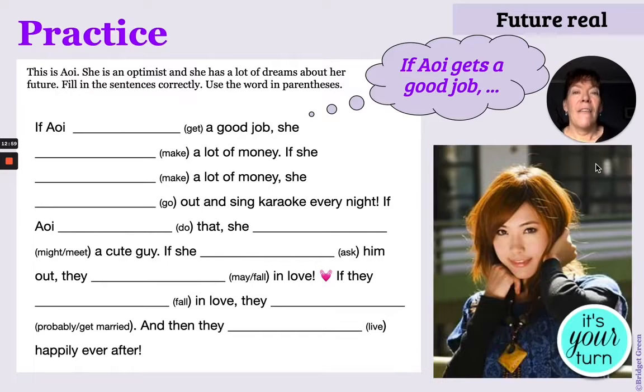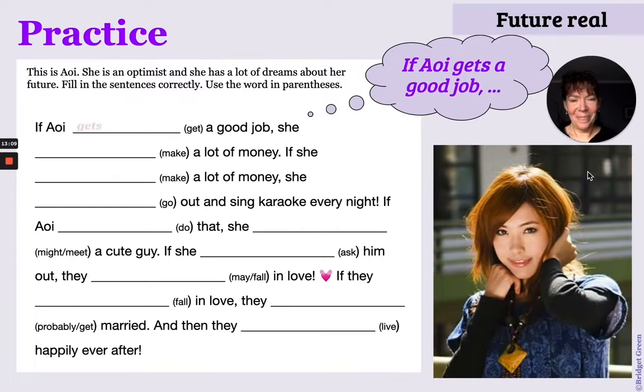Practice again and fill in these sentences. And let's check your answers. If Aoi gets a good job, she'll make a lot of money. If she makes a lot of money, she will go out and sing karaoke every night.